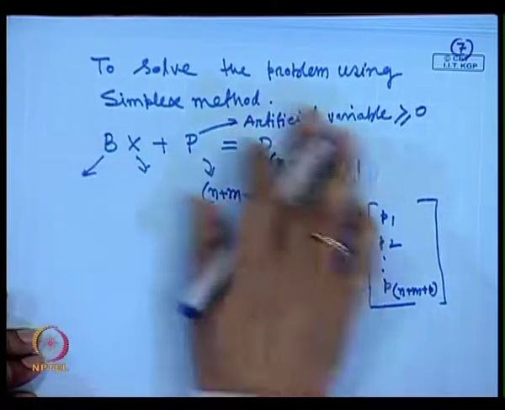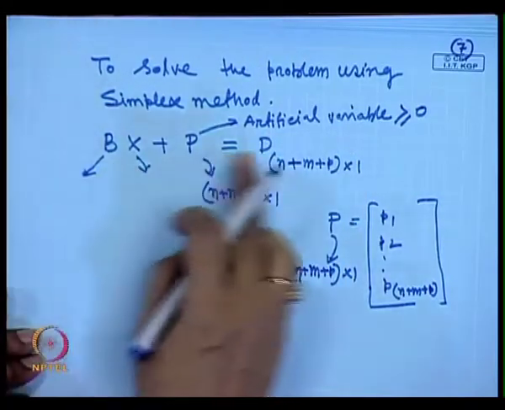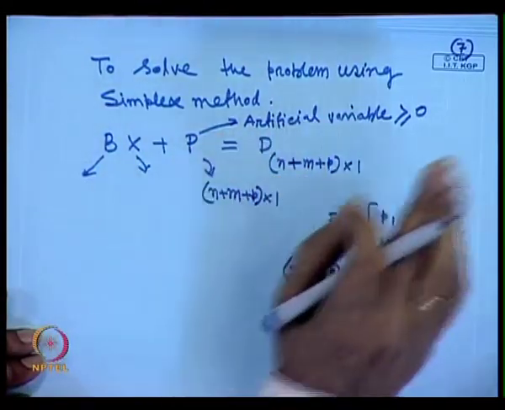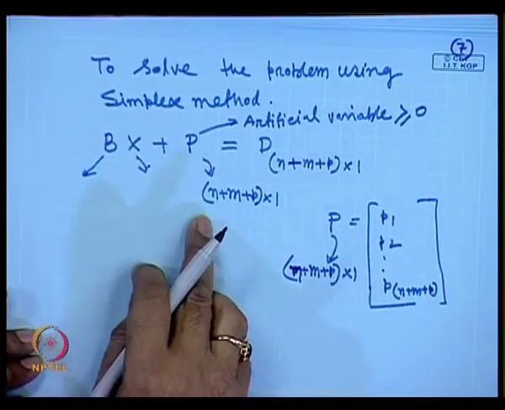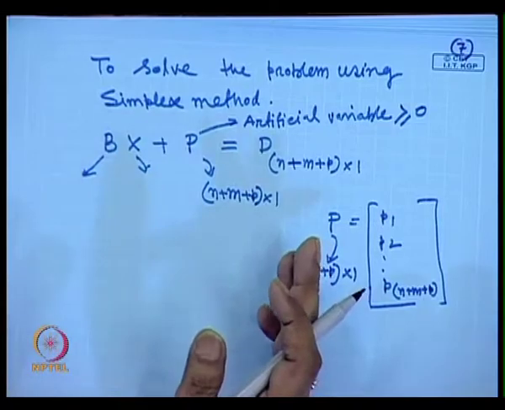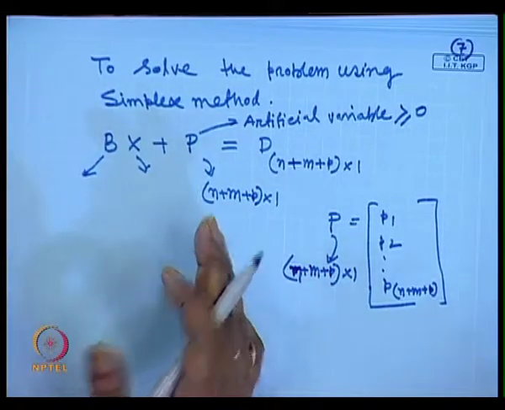So, now we have just introduced some artificial variables, so that ultimately the artificial variables' value must be 0. When we have introduced the artificial variables, we know the sum of all artificial variables is our objective function.